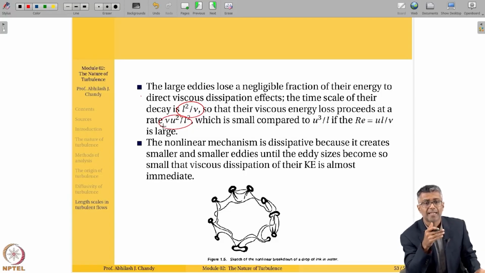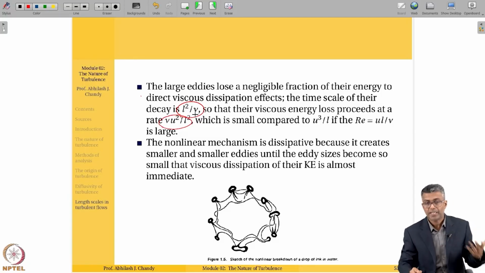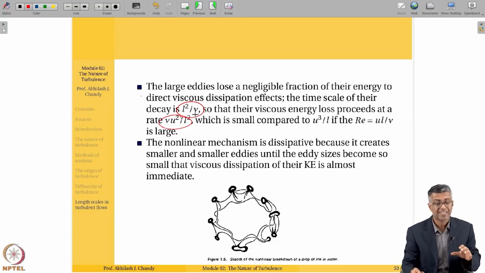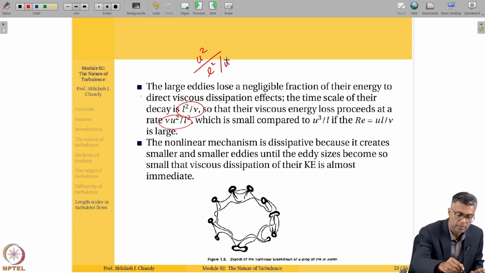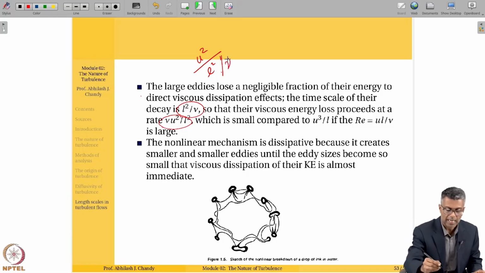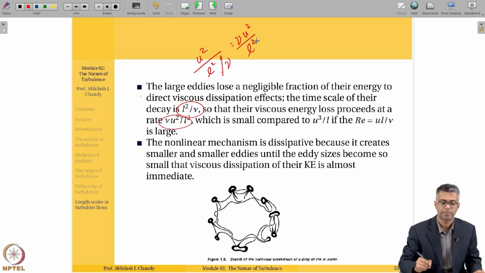So that comes because if L squared over nu is the time scale, kinetic energy is u squared. So now the time scale is different. Right? The viscous dissipation time scale is different. So you just have to take u squared divided by L squared over nu. That's how you get nu u squared over L squared.